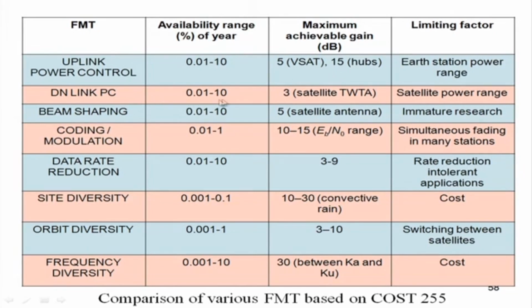Downlink power control, normally on satellites you get a 3 dB gain advantage, but the disadvantage in this, as we have discussed earlier, is that during normal operation, that is non-fade duration operation, you will be operating at much lower backoff.